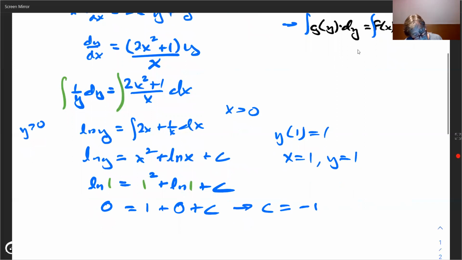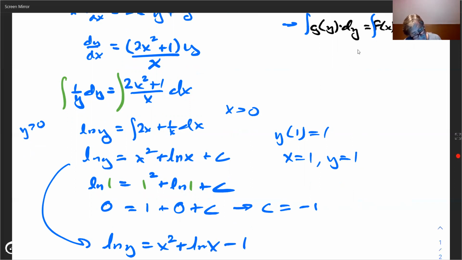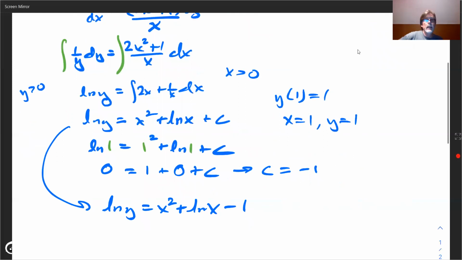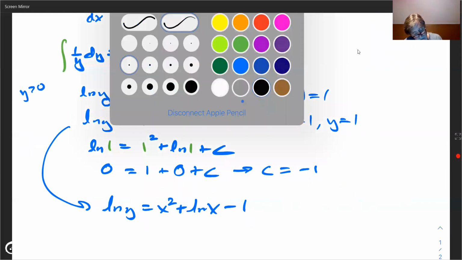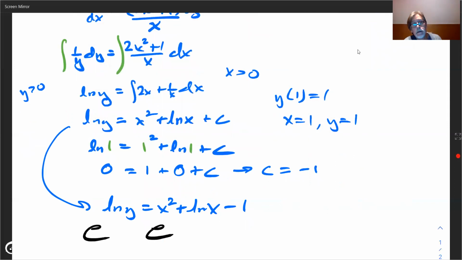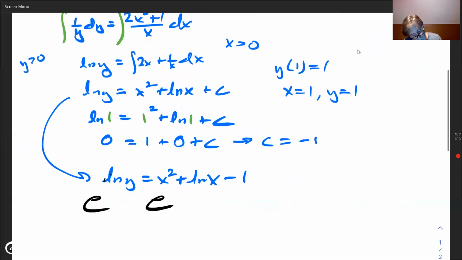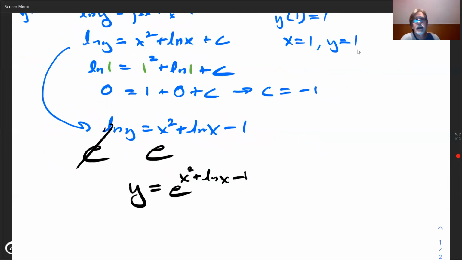So go back to your equation then. Natural log of y is equal to x squared plus the natural log of x, and then -1. I'd like you to solve for y if you can, and we're going to do it right now. I'm going to exponentiate both sides with e, so the e and natural log cancel, and we have y is equal to e to the x squared plus ln x minus 1, which is good.